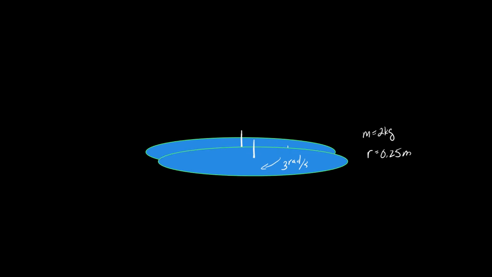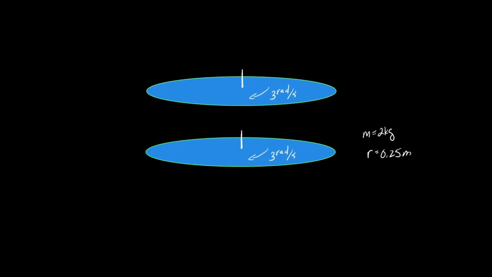Let's assume it has a mass of 2 kilograms, huge disc, and say a radius of 1/4 of a meter, and it's spinning. And I have another disc above it that is not spinning and is going to be dropped onto the first disc, like the way old record players used to do it.